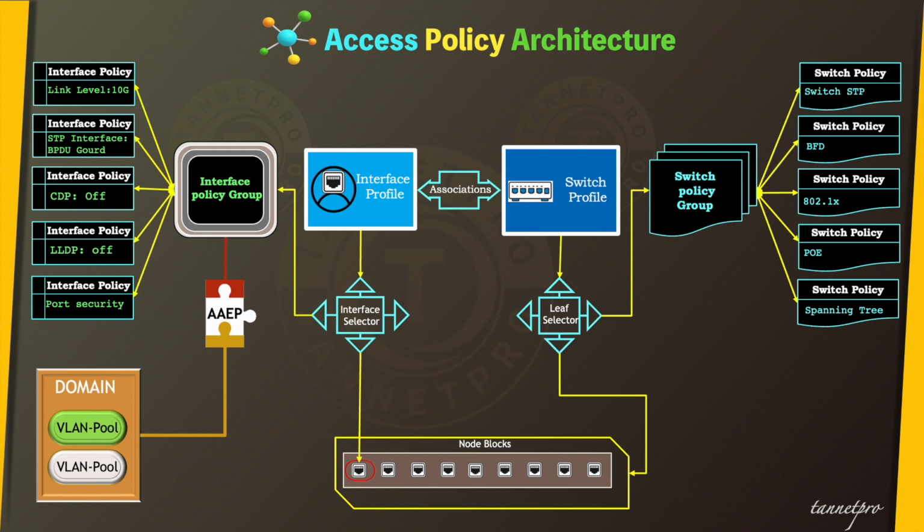In a similar way, you have created switch policies tied together in a group, the switch policy group. Then, similar to the interface profile, you create a switch profile, right? Then you appoint one leaf selector, which helps you select the switch, and helps you call your policy group. And you will get another option, associations, right?